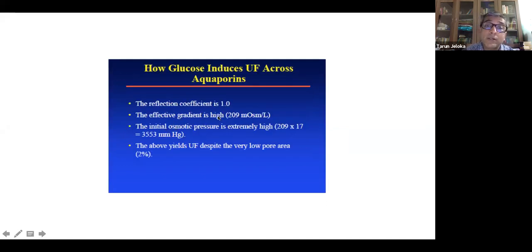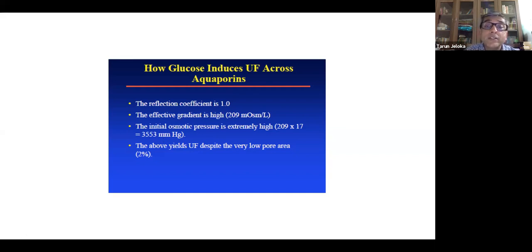Now from gradient, we have to calculate pressure. If you recall, to convert the osmotic gradient into pressure, you have to multiply by 17, which equivalently gives your hydrostatic pressure. So 209 is the gradient. We multiply by 17 and convert it into osmotic pressure. This is the pressure by which the glucose sucks in fluid from the blood, which is 3,553. So huge osmotic pressure is there.